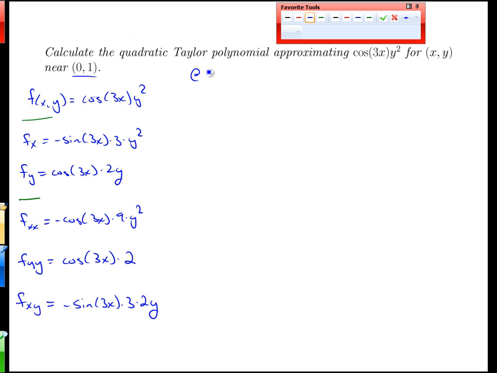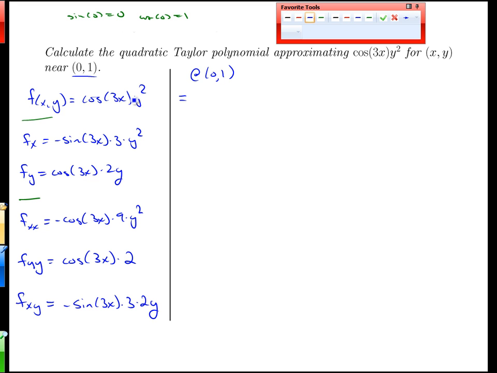What do we do next? Well, we evaluate at the point (0, 1). At the point (0, 1), let's remember cos of 0, always 1. And sine of 0 is going to come into play too. Sine of 0 is 0.